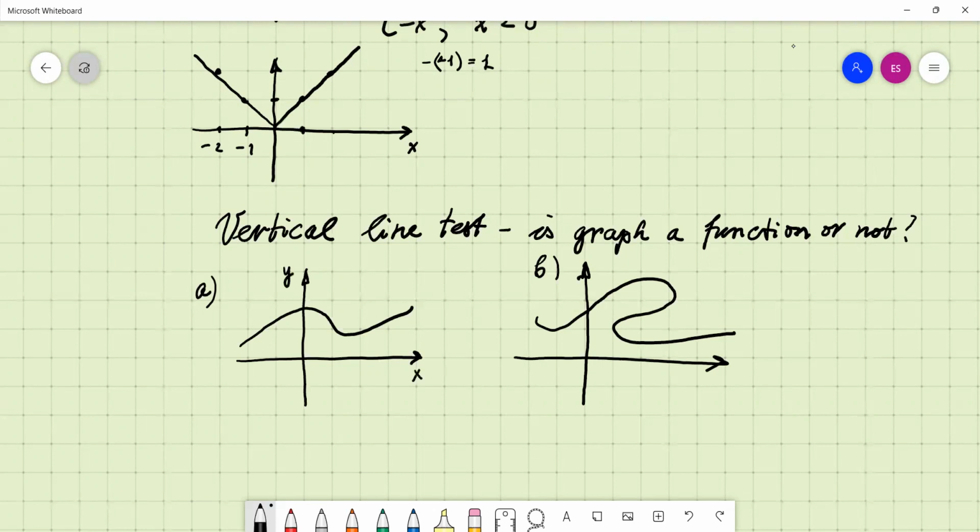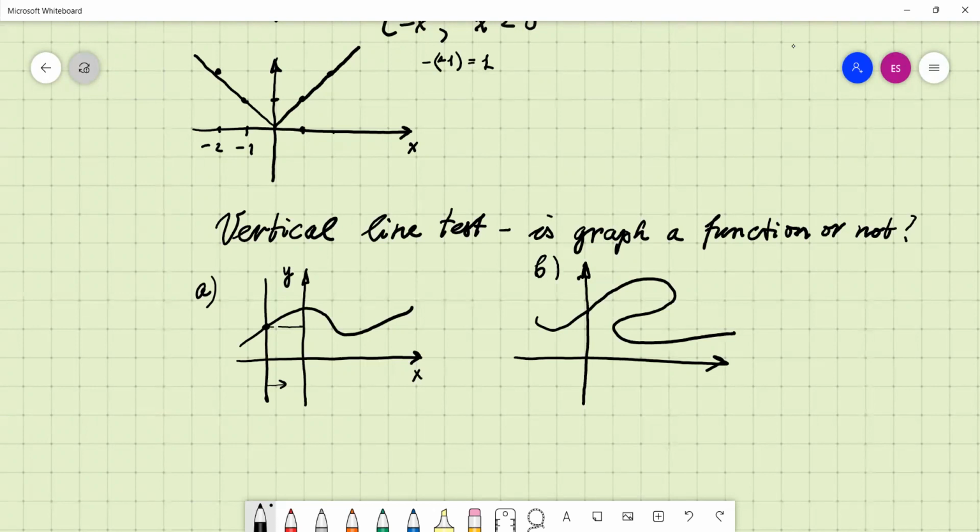Remember, the only condition for a relation to be a function is that for every x there is only one y, right? What we can do, guys, is draw a vertical line, and start sweeping this vertical line along the axis and check how many times it intersects the graph.